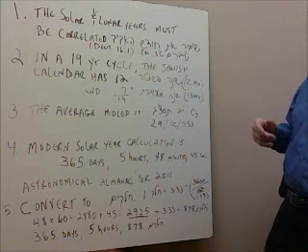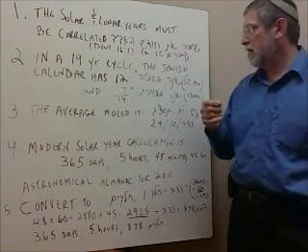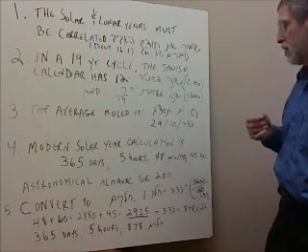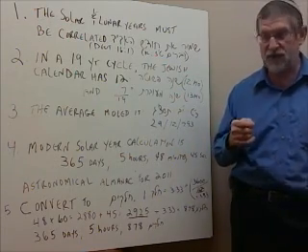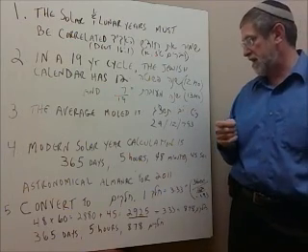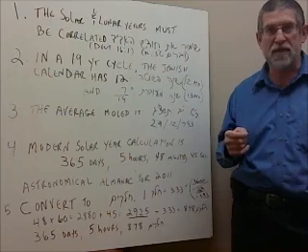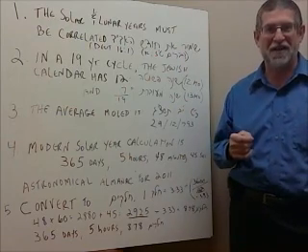Okay? Now, the modern solar year is calculated based upon the astronomical almanac for the year 2011 as 365 days, 5 hours, 48 minutes, and 45 seconds.